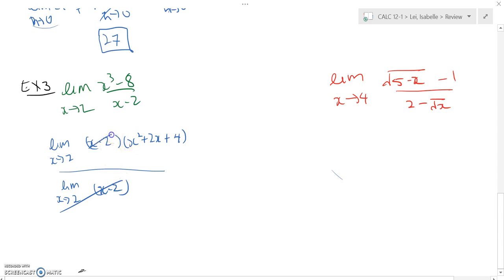And this crosses out. So then we are left with the limit as x approaches 2 of x squared plus 2x plus 4.